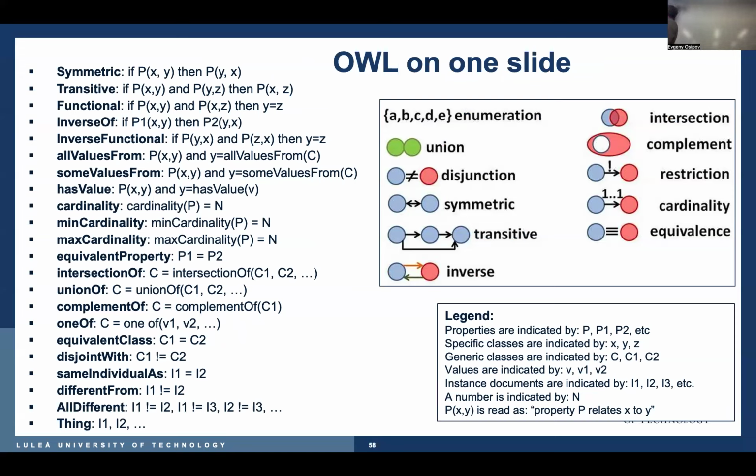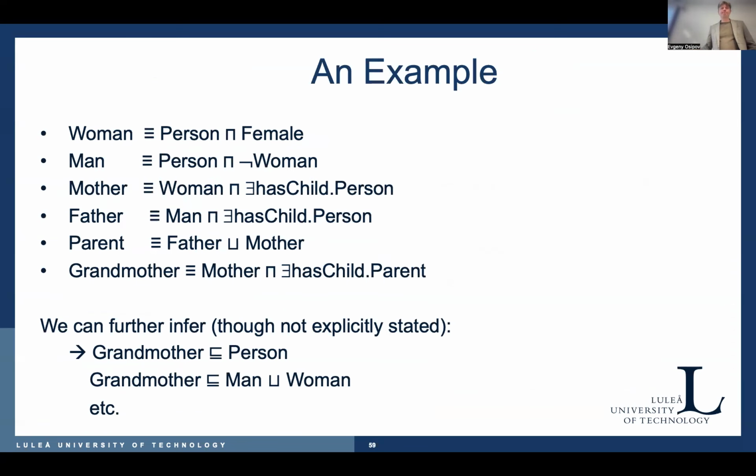The stuff you can use, you will read in the tutorial and use it in lab 3. So what you can do with OWL is create rather sophisticated descriptions of relations between different entities.